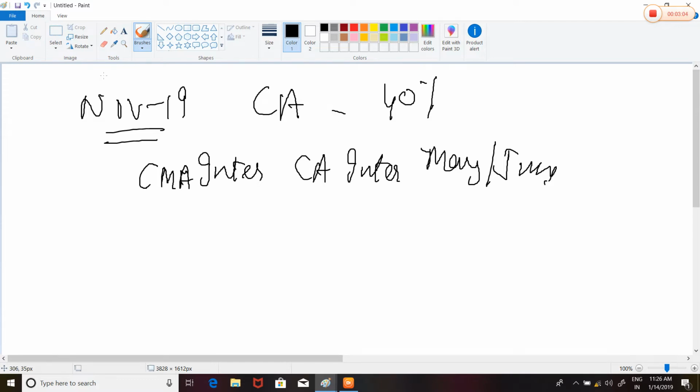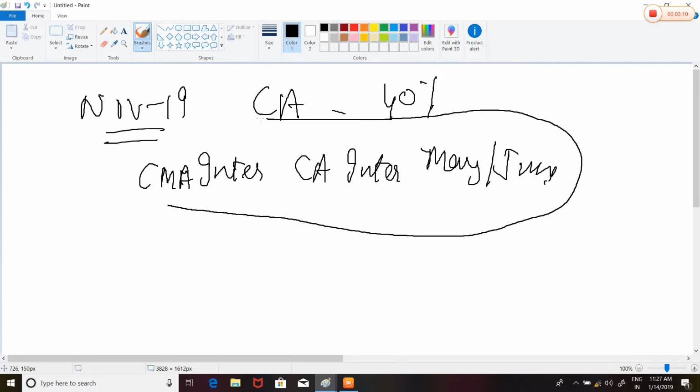So, if anyone is doing both courses, CA and CMA, there might be a possibility that the dates of both exams shall clash and come on a single day, 2 to 5.